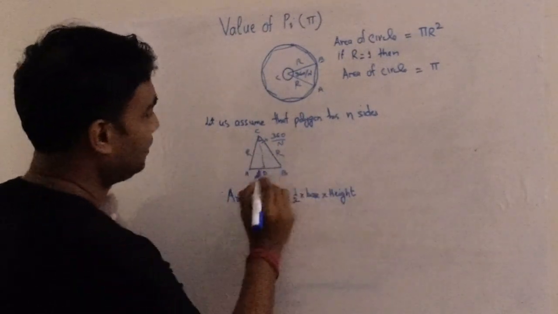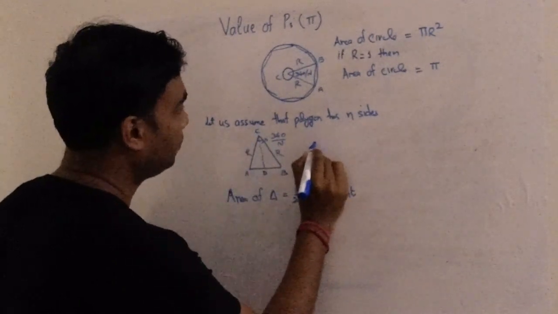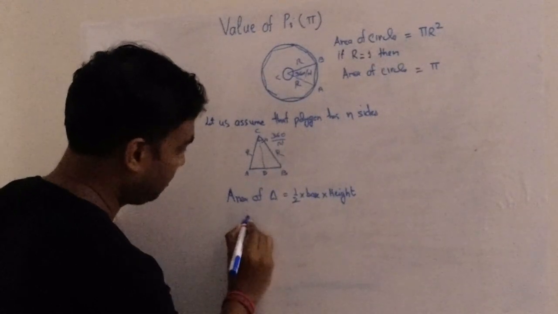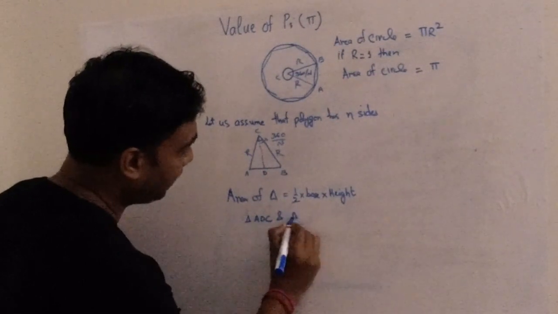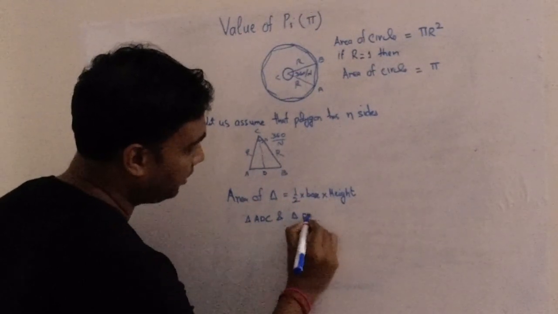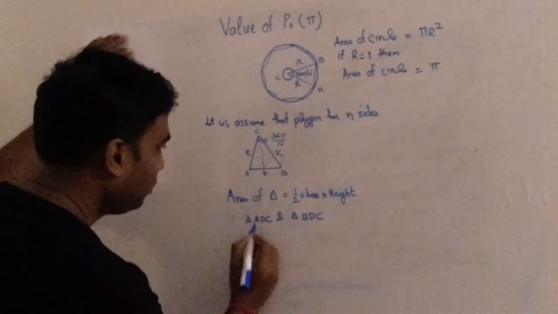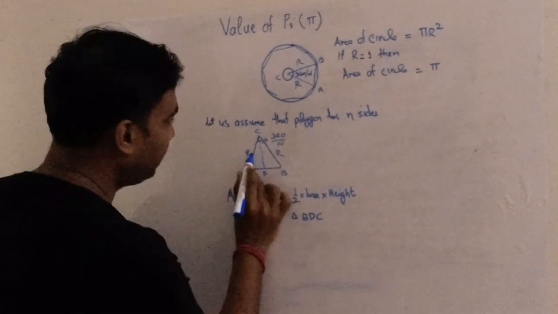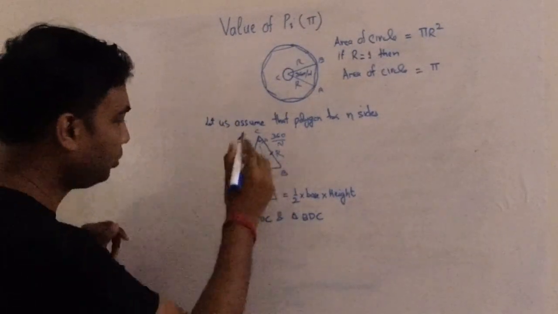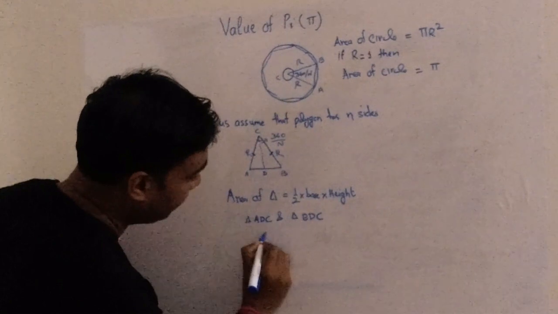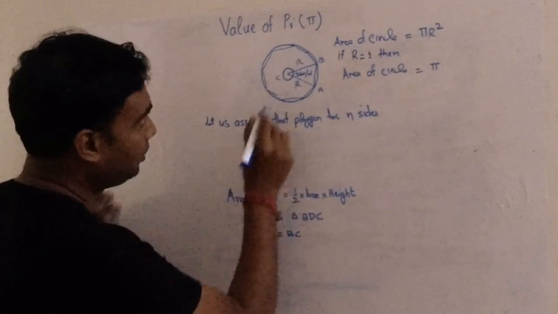You can see that we can divide triangle ABC into two triangles, ADC and BDC. Now we can see that these two sides are equal, so AC will be equal to BC, because it is a regular polygon.